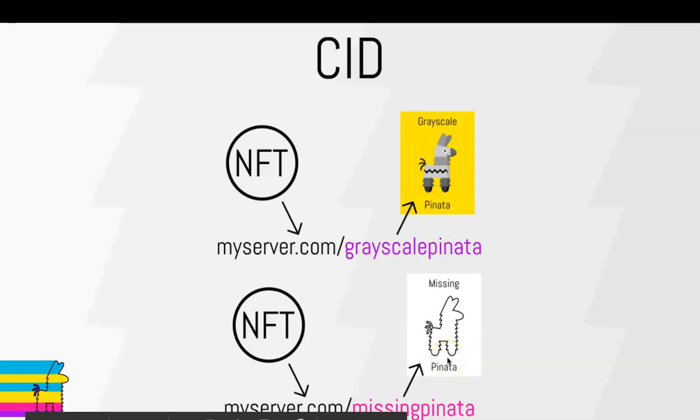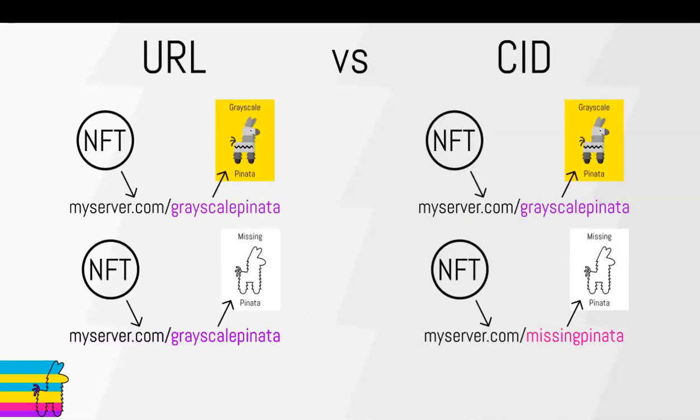So if that NFT had grayscale Pinata embedded in it, and the grayscale Pinata image changed or was swapped out, the CID wouldn't match, and you would be able to prove that. And so it's a perfect way to lock the image or secure the image with the token itself, which has obviously massive advantages in being able to prove that it is what it's supposed to be.